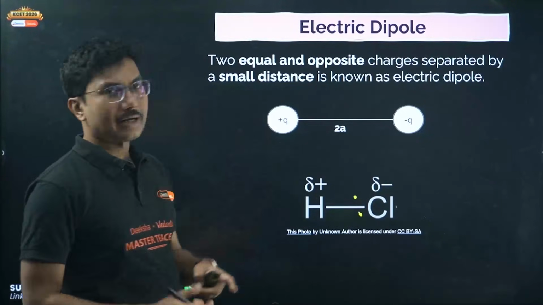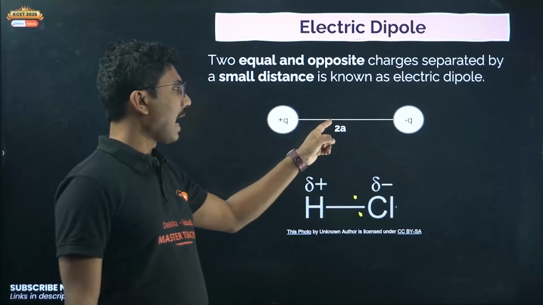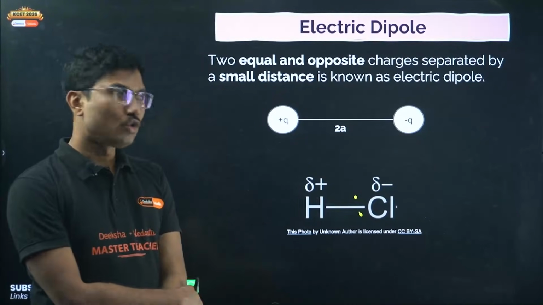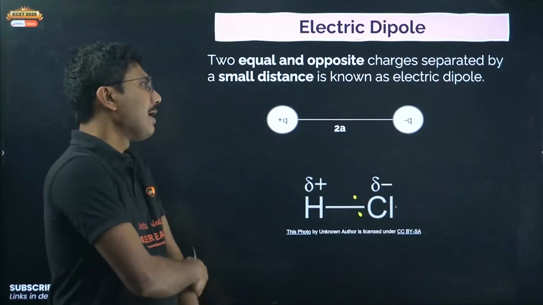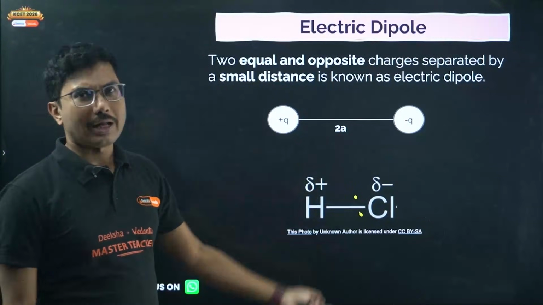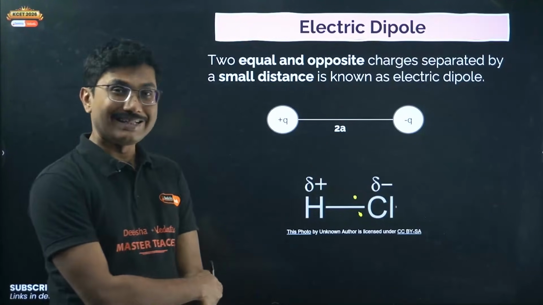So generally they are represented by this symbol, plus q, minus q, and the distance between them is represented by the symbol 2a. Okay, why 2a? Because if we use 2a, it helps us to calculate some of the formulas. Remember, distance between them itself is 2a.